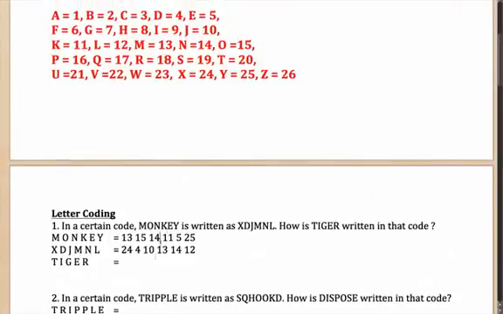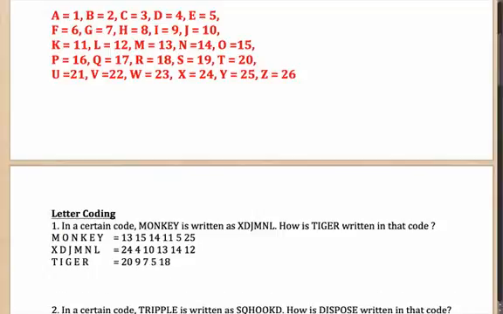Now your task is to find out the code for tiger. What is tiger? T is 20, I is 9, G is 7, E is 5, and R is 18. My answer is going to be the reverse of this, that is 18, 5, 7, 9, and 20. But wait, I have to reduce them by 1 also.